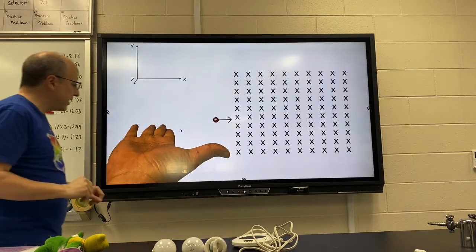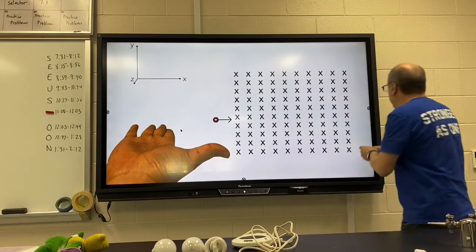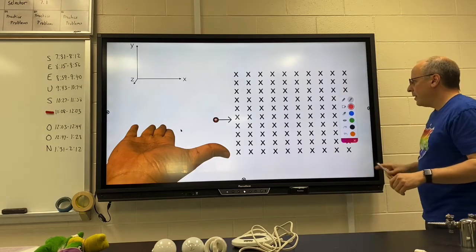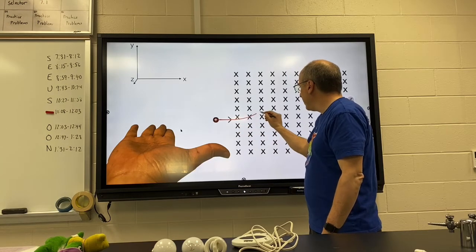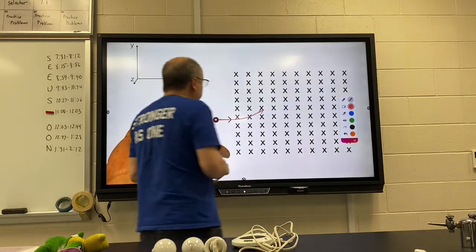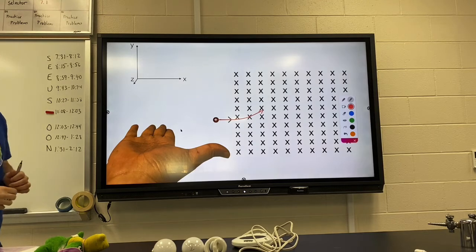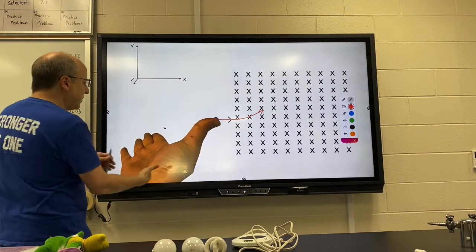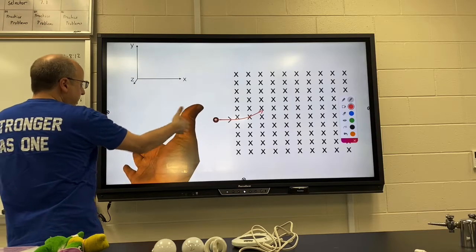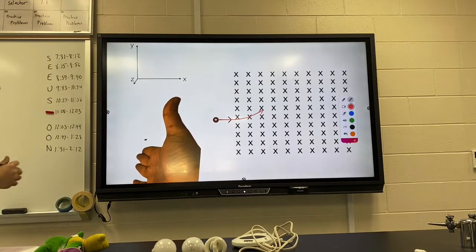Now this is where it gets really important. When this particle gets pushed up, the direction that you point your thumb also has to change. So you'll notice that as the particle deflects up, your thumb points upward, and the direction of the force changes also.